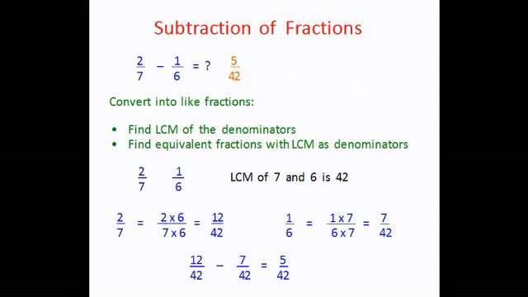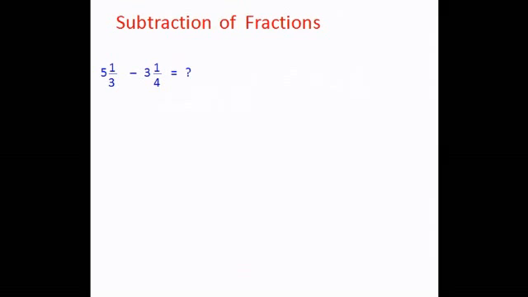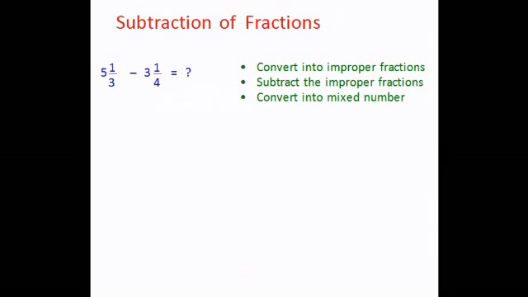Now what about mixed numbers? If I have to subtract mixed numbers, what can we do? We already know how to subtract fractions. So we can convert these mixed numbers into improper fractions, then subtract the improper fractions, and then convert that answer back into a mixed number.